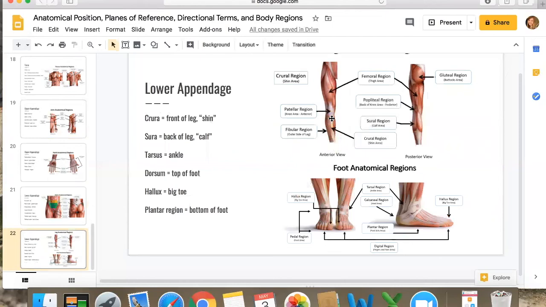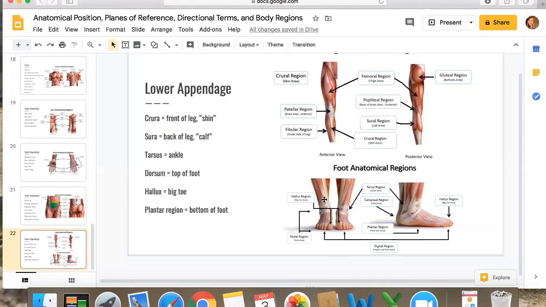We call the lower part, the area between your ankle and your knee, the leg. Upper part is the thigh here. So we call the crura the front part of the leg, the shin. And the sura is the back part of the leg, also known as the calf area. Tarsus is your ankle, right there.